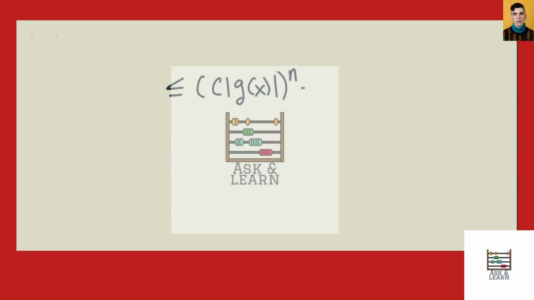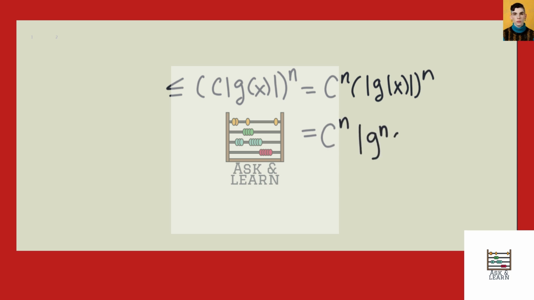So this is equal to, and again, this is just a notational change, c to the n times the absolute value of g to the n. We can just rewrite that, so we'll get c to the n times the absolute value of g to the n, just moving the absolute value brackets along.